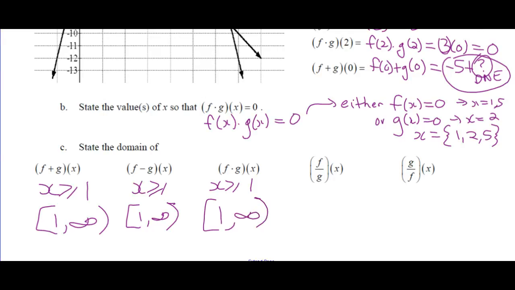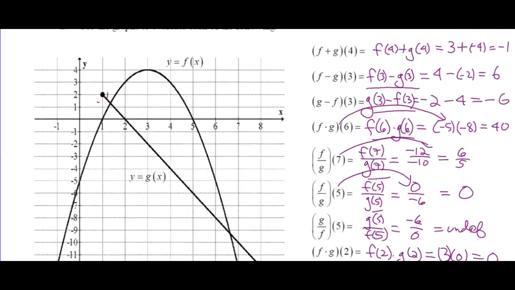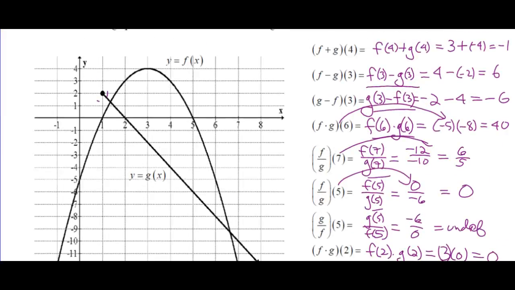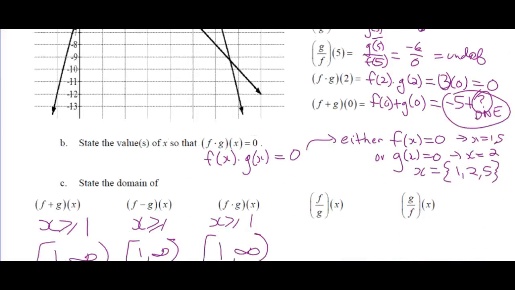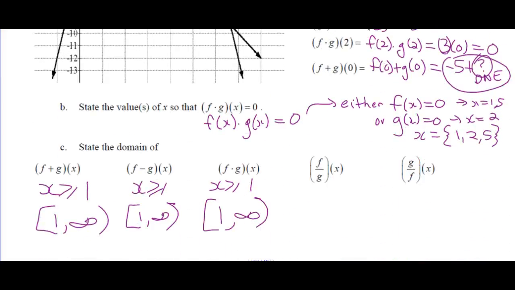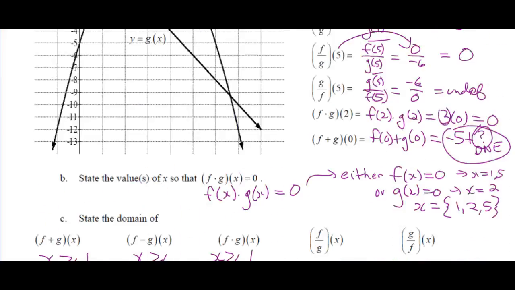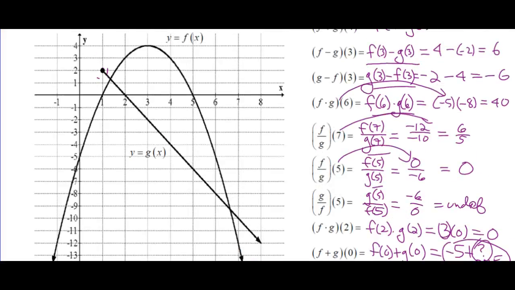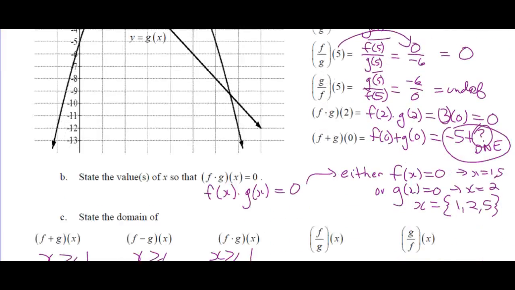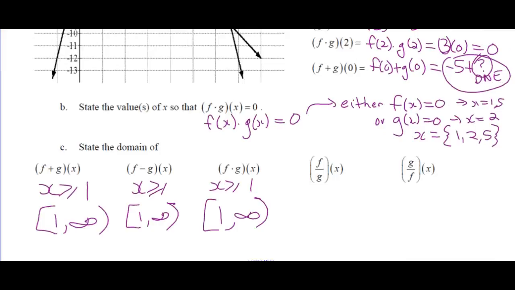F divided by g of x. Okay, now what? So what can't be 0? G of x can't be 0. What other restriction is there on g of x? It's greater than or equal to 1, but it can't be 0.